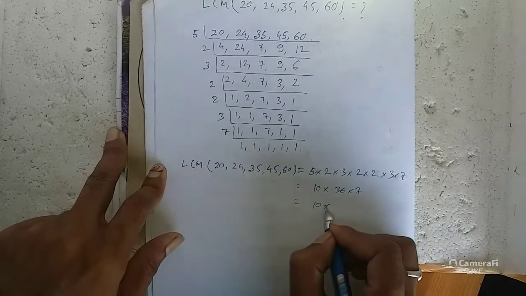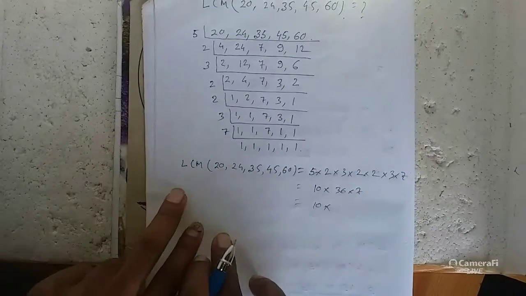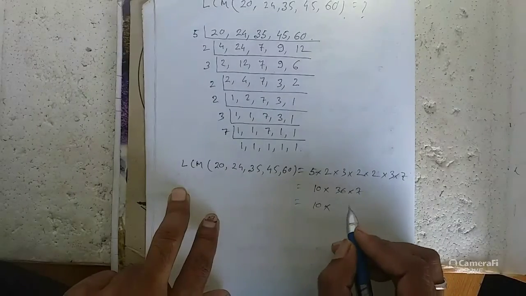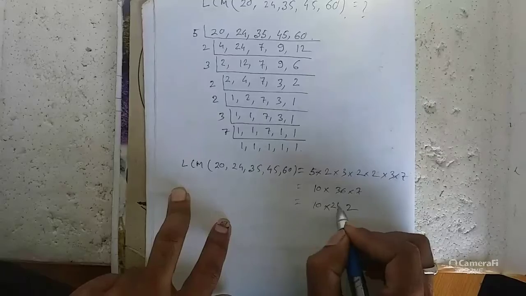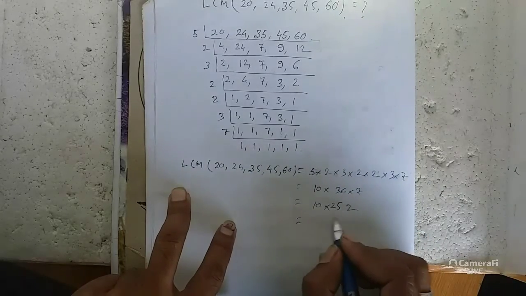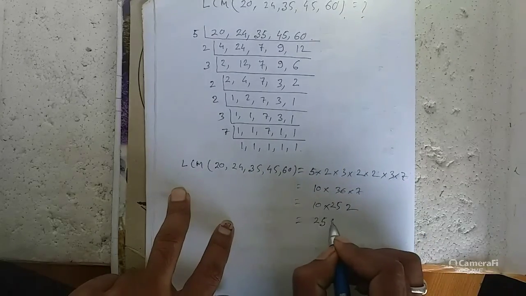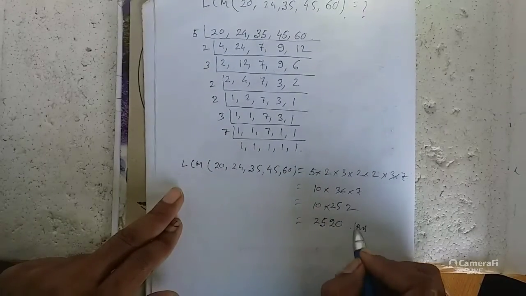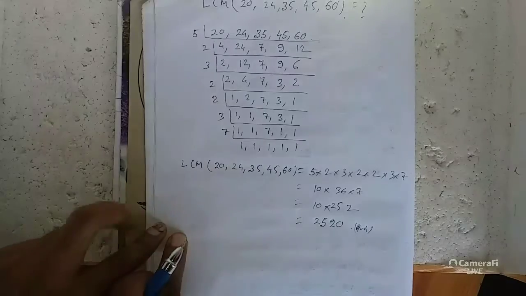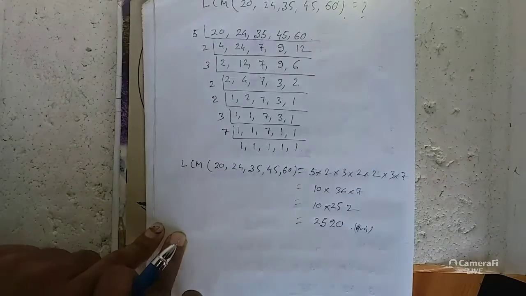If we multiply, then 10 into 36 into 7: 7 sixes are 42, 7 threes are 21 plus 4 is 25, 252 into 10, so 2520. This becomes the answer as the LCM of these numbers.